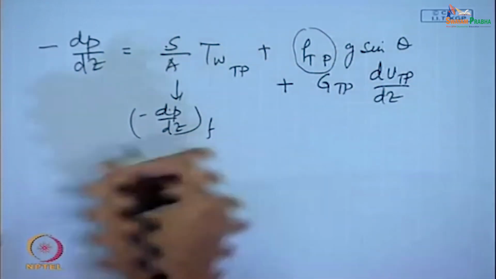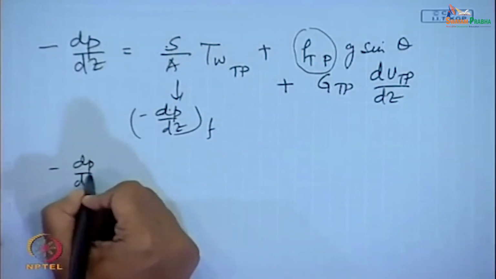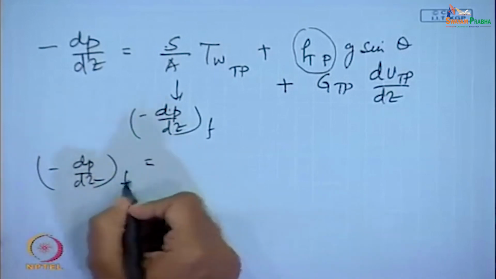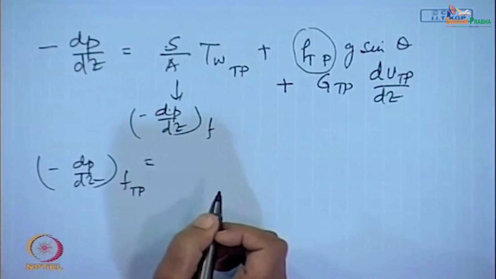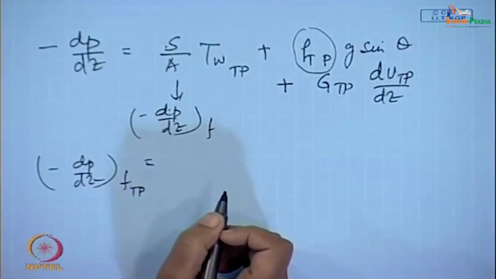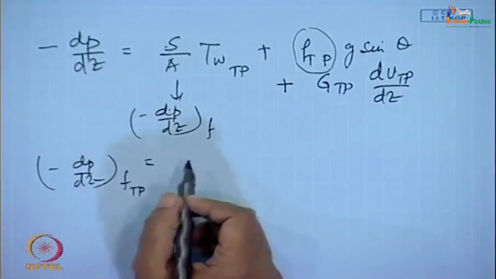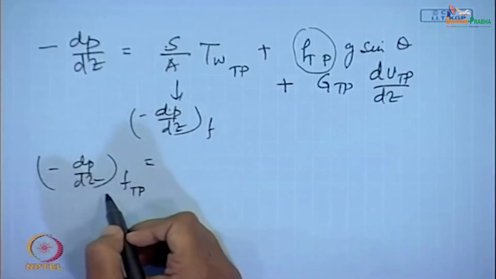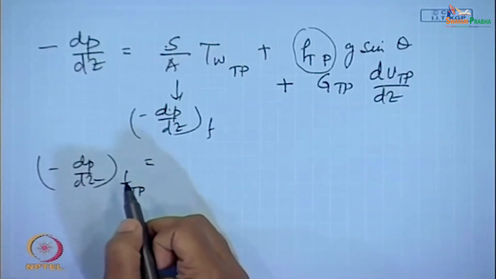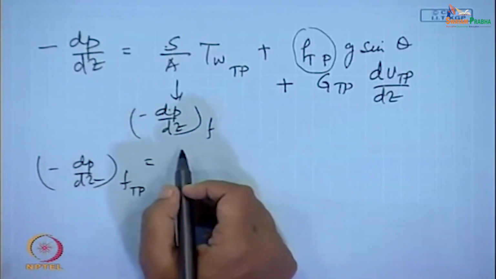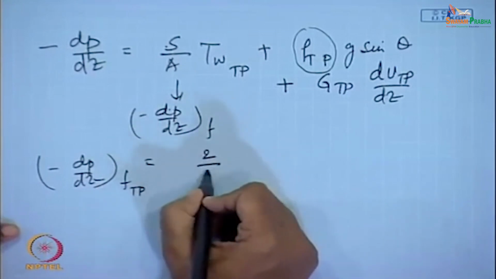So, this is minus dP dz f, two phase. Naturally, it is for the two phase flow situation. Suppose we take the analogy from single phase flow equations, then we know that this frictional pressure gradient can be expressed in terms of friction factor and other things. What was the basic definition? I do not know whether you remember it or not.